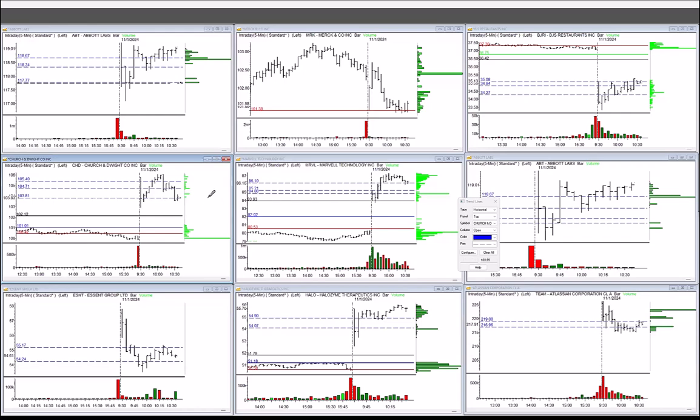Really what you're trying to do is figure out where is the most likely place that it's going to catch an inflection. And if it catches an inflection right there, given that this was where all this volume was, what's the most likely thing that it's going to do after that? This move is the most likely outcome, that you get a repeat of that.